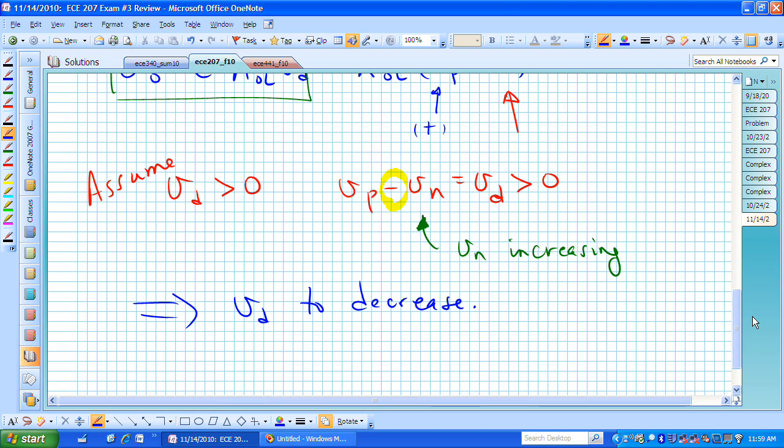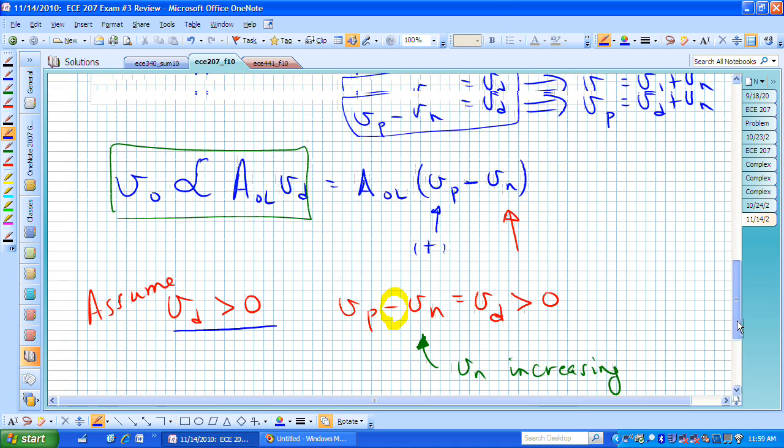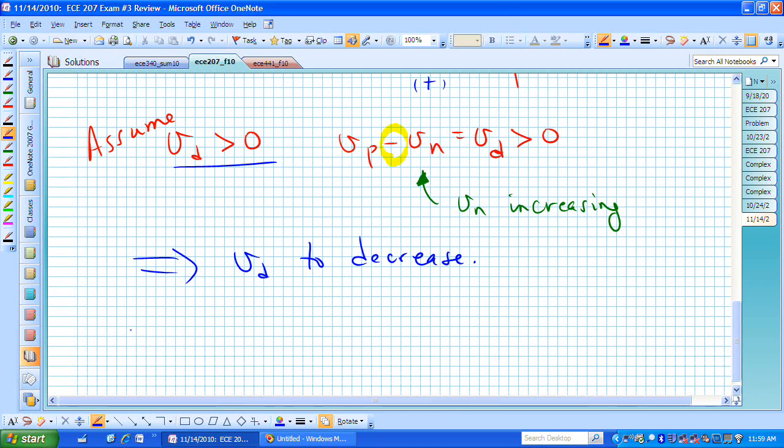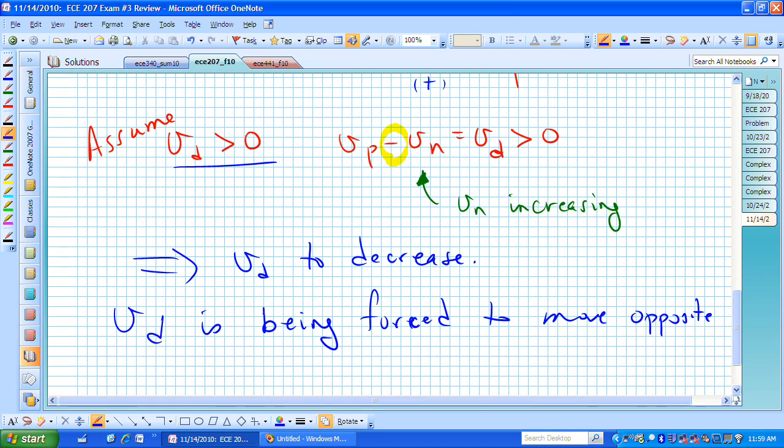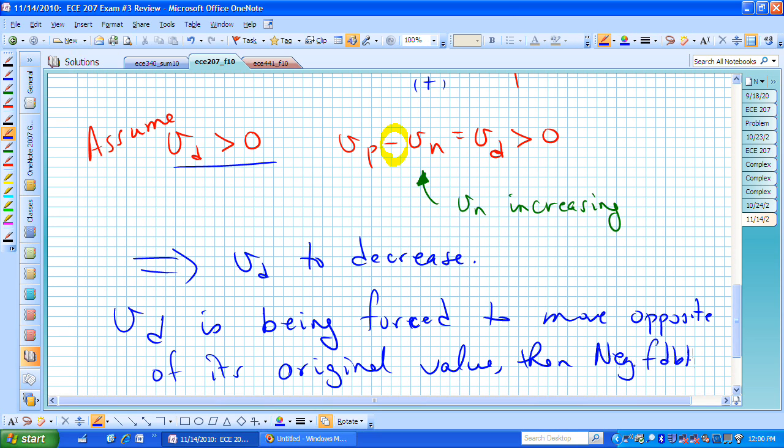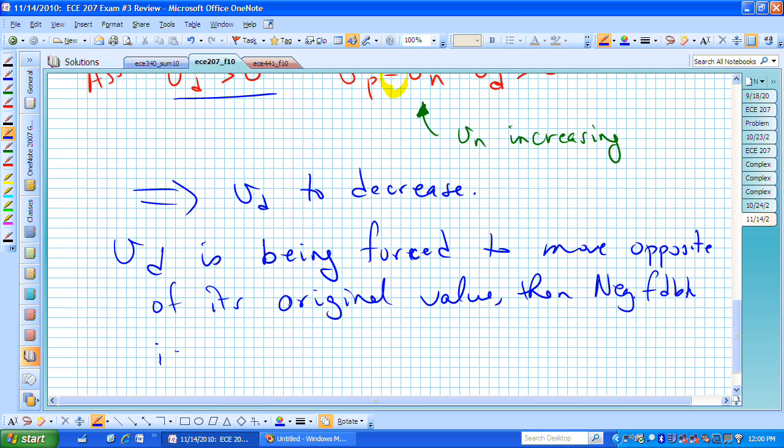Because V sub D is now moving opposite or getting smaller by this feedback interconnection structure, or V sub D is being forced to move opposite of its original value, then negative feedback is present.